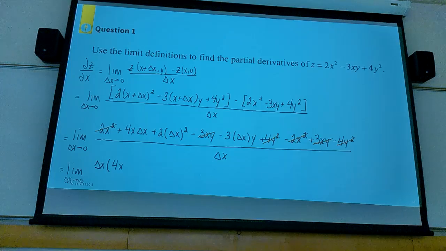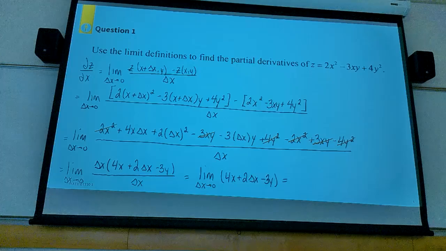Left with 4x plus 2 delta x minus 3y. There's the limit we're left with once all the simplification is done.